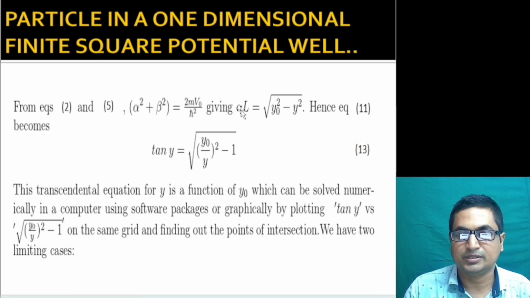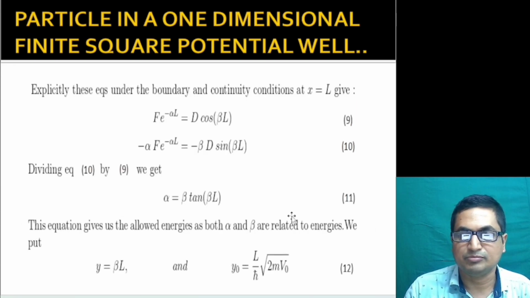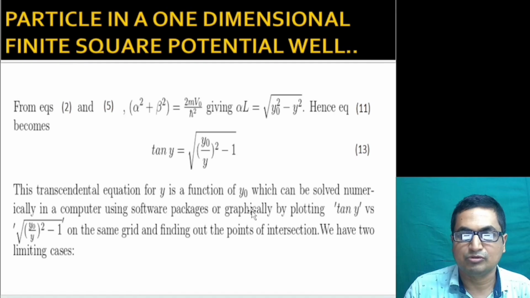Ultimately, with some simplifications, alpha L equals square root of y naught squared minus y squared. So equation 11 can be put in a more convenient form: tan y equal to square root of (y naught by y) whole squared minus 1. That is equation number 13.